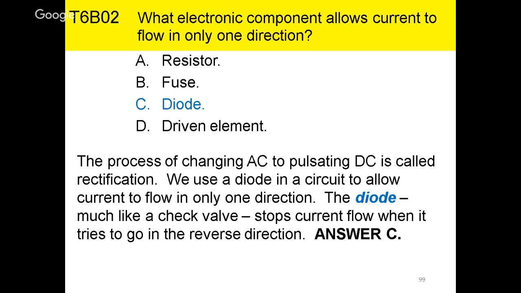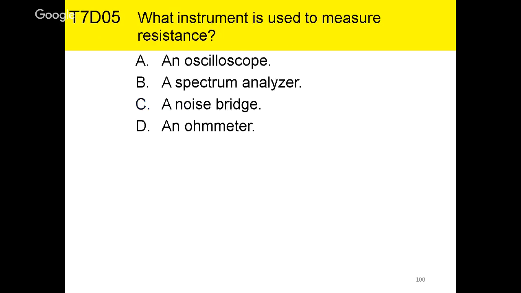It's also called a rectifier. The diode allows current to flow in only one direction. You have an anode and a cathode. Remember, there's that little line with a little arrow. That's your symbol for your diode. But a diode is what allows current to flow in only one direction.